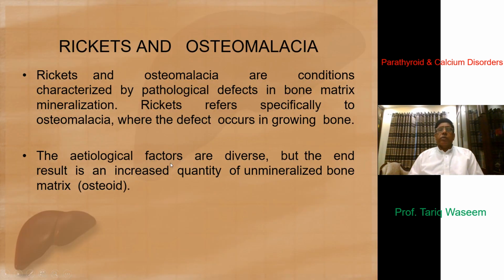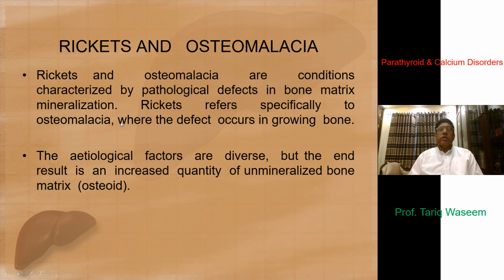Rickets and osteomalacia are both similar conditions. Rickets is when it happens in growing bones in young children, and osteomalacia when it happens in adult grown up individuals because of the lack of, say, calcium deposition. And this would lead to pathological defects in the bone matrix mineralization, not the matrix but mineralization.